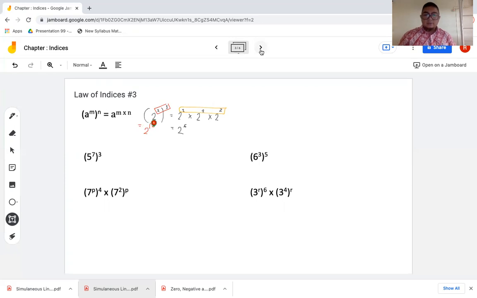So the answer will still be the same. Okay, so let's say, for example, if we are going to answer this kind of question, this will now give us 5 raised to 7 times 3, which provides us 5 raised to 21.